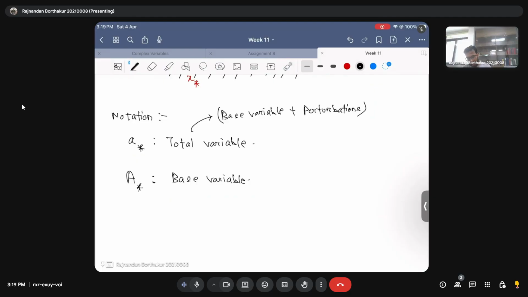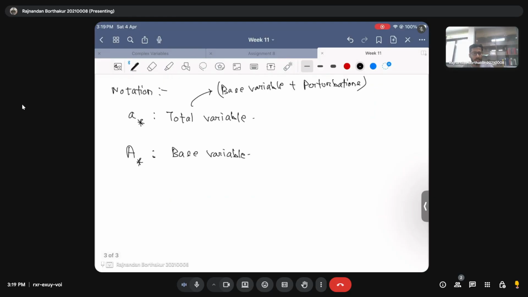I also need a notation for the perturbations. So any lowercase variable with a dash, we will call the perturbations. The stars you can see here denote that the quantities are dimensional.